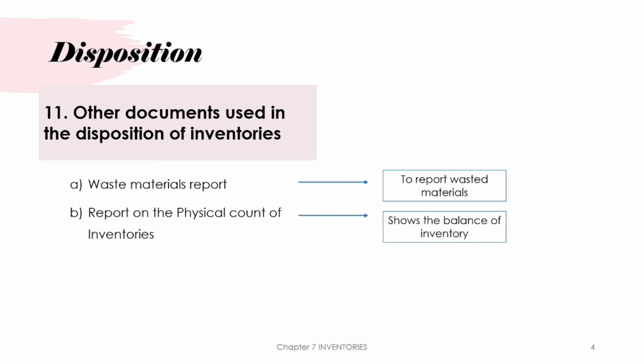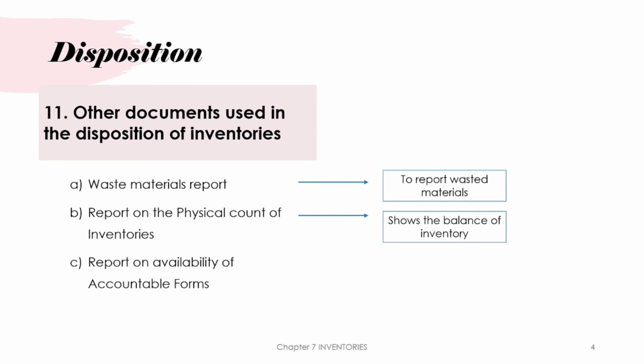So the RPCI is a form used to report the physical count of inventory items by type, such as office supplies inventory, accountable forms inventory, medical, dental, and laboratory supplies inventory, food supplies inventories, and etc., which are owned by the agency or entity. So physical counts are a way of ensuring that a company's inventory management system is accurate and as a check to make sure goods are not being lost or stolen.